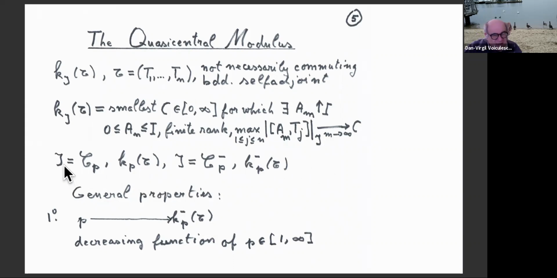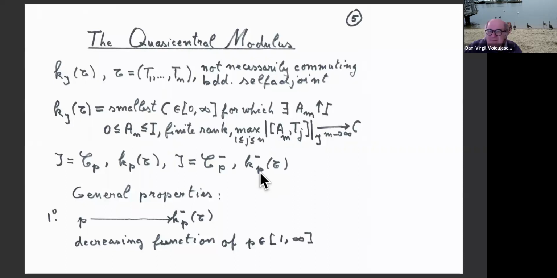If the ideal is a Schatten-von Neumann class, this will be denoted by K_p of tau. And if the ideal is this C minus P, this P,1 Lorentz ideal, then the notation will be K minus P of tau. And here are the general properties of this K minus P of tau. I'm formulating them for these C minus P ideals.